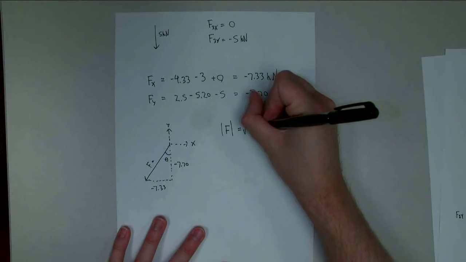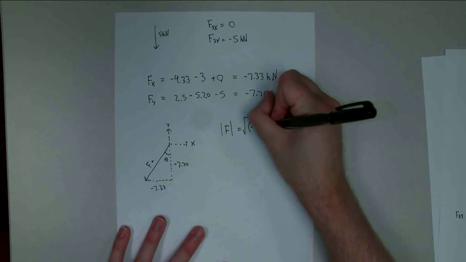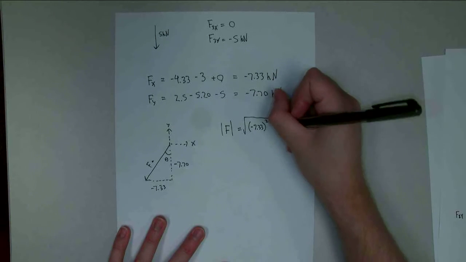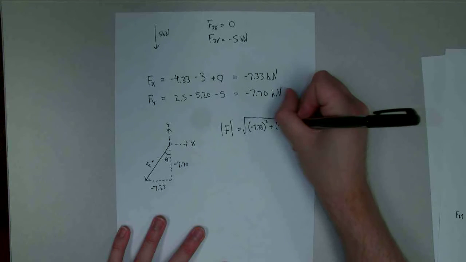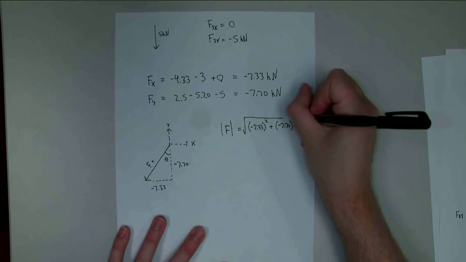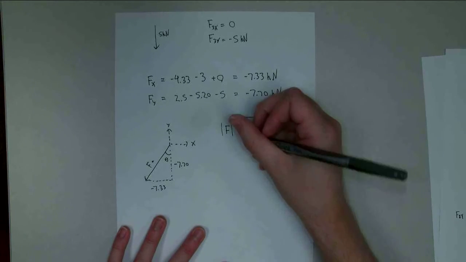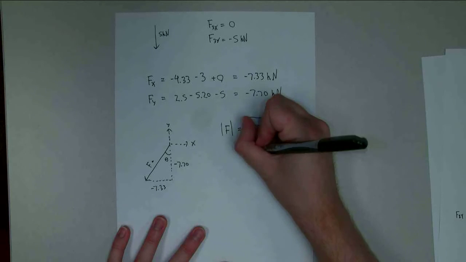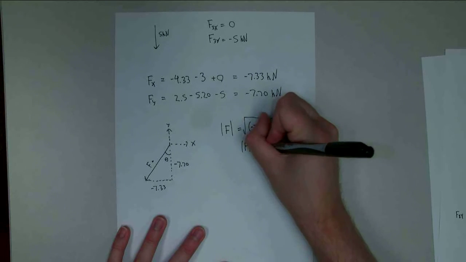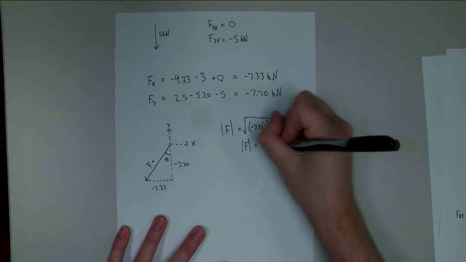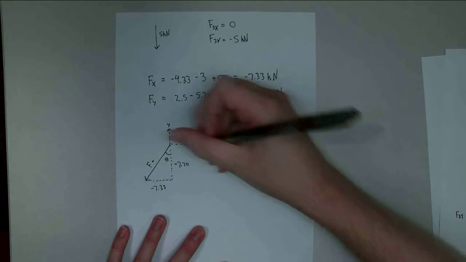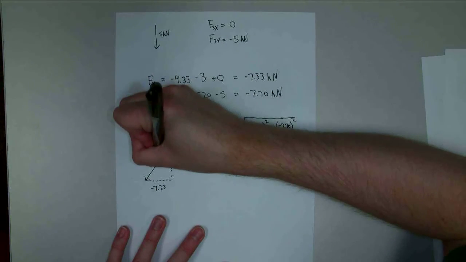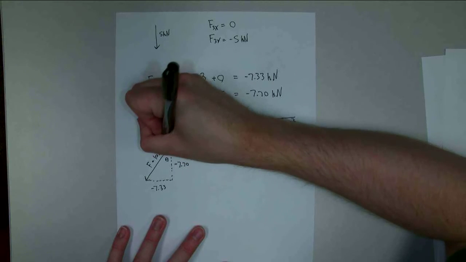So negative 7.33, I square that whole thing, and negative 7.70, square that whole thing, take the square root, and I find an overall magnitude of 10.63 kilonewtons. And so that is the magnitude right there.